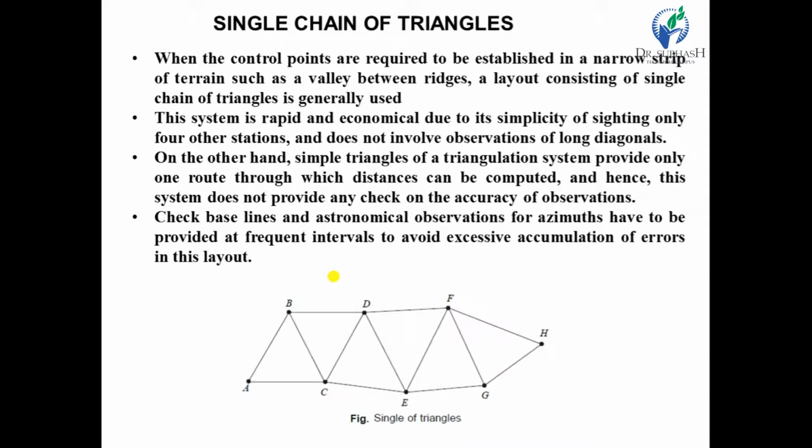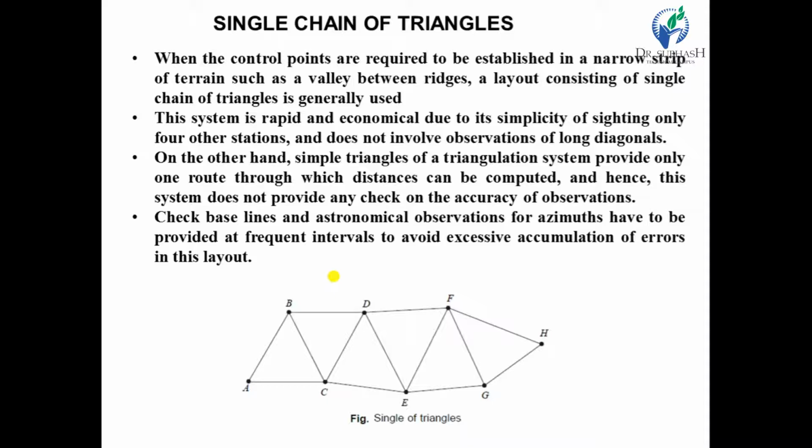Now see in the picture, that is the single chain of triangles. When the control points are required to be established in a narrow strip of terrain, such as a valley between ridges, a layout consisting of a single chain of triangles is generally used. This system is rapid and economical due to its simplicity of siting only 4 other stations, and doesn't involve the observation of long diagonals.